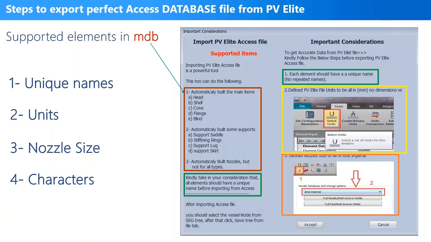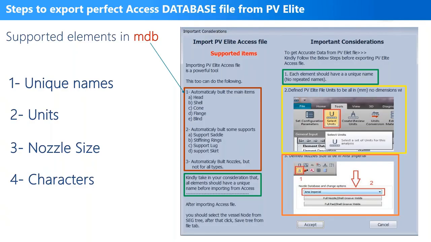The second point: before exporting your model, you should convert all units to millimeter. The length dimensions to millimeter units, no inches. You should export it in millimeters. After that, you can change it again to your units, but before exporting, you should make it in millimeters. The third one is the nozzle size. The nozzle size should be defined as imperial, ANSI imperial, not DIN.